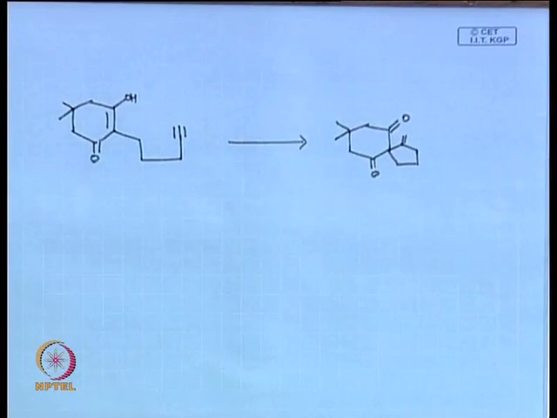Okay. These are two examples with your alkene systems, very good examples of your intramolecular reactions.